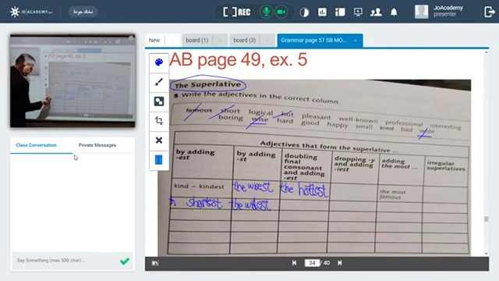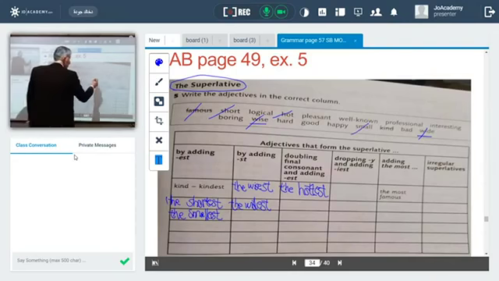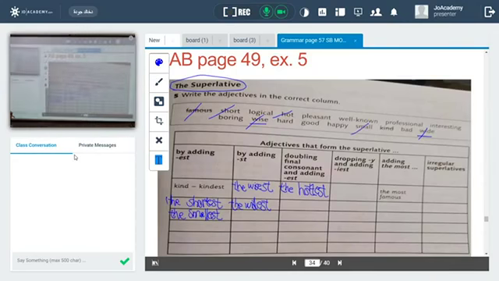We need to put the, because it's superlative. The smallest, okay, the smallest. So let's take out the small, short.